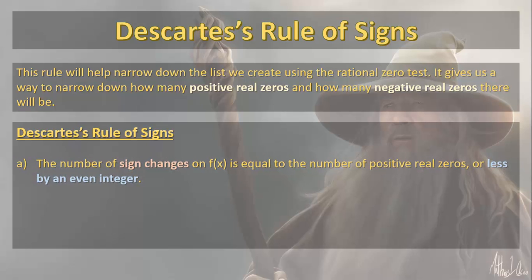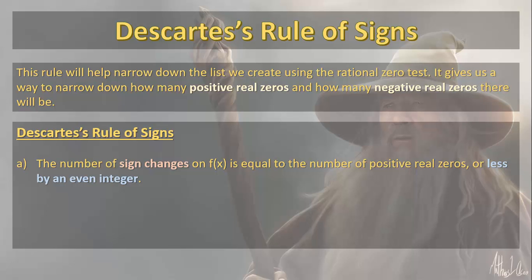All right, the first part says the number of sign changes on f of x is equal to the number of positive real zeros or less by an even integer.